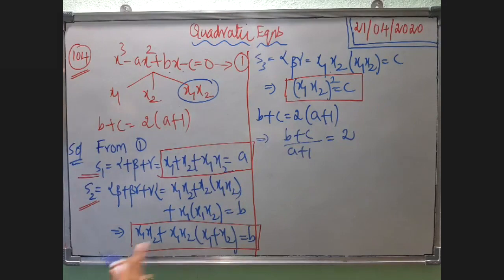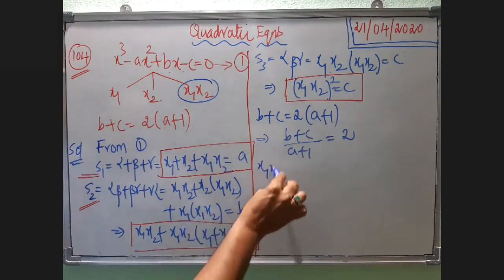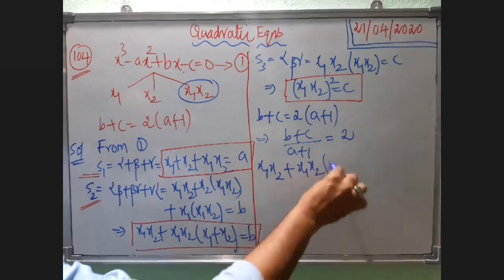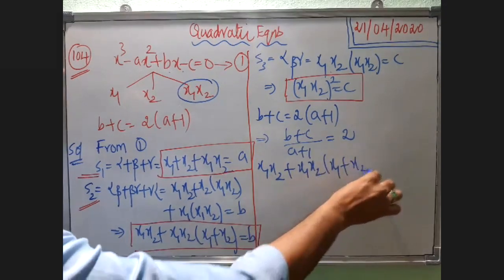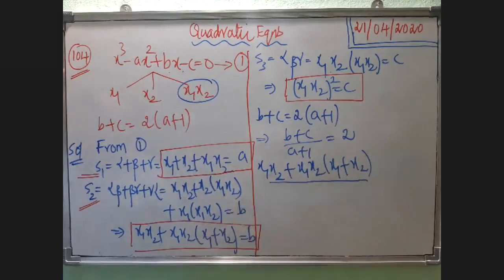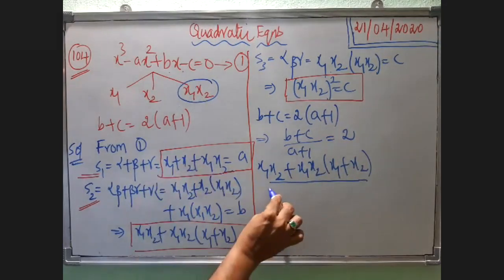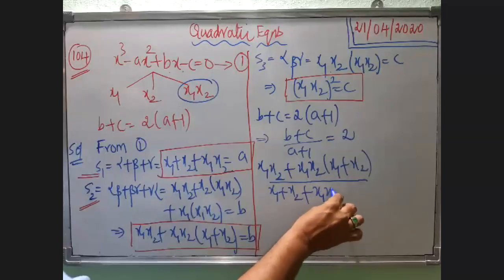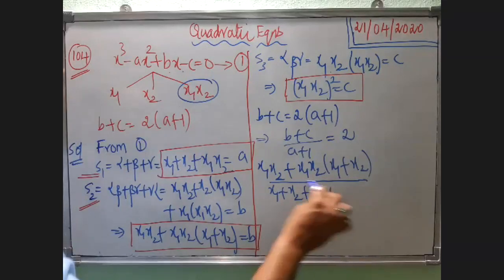b plus c: b value is x1 x2 plus x1 x2 into x1 plus x2, by a plus 1. What is a? a value is x1 plus x2 plus x1 x2. This is a value, this is only b.